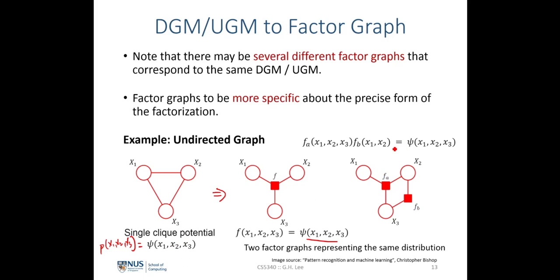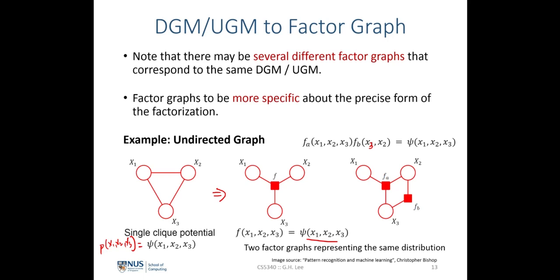Another way of doing this would be to say that there is a factor fa that consists of the three random variables x1, x2, and x3, as well as a factor fb that consists of x2 and x3. Sorry, this guy over here should be x3; there's a mistake.